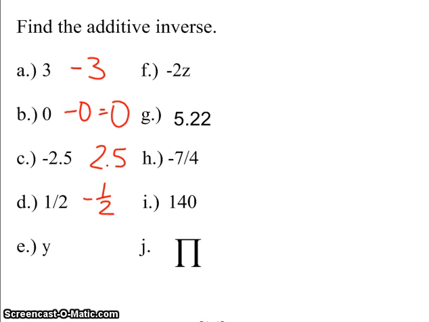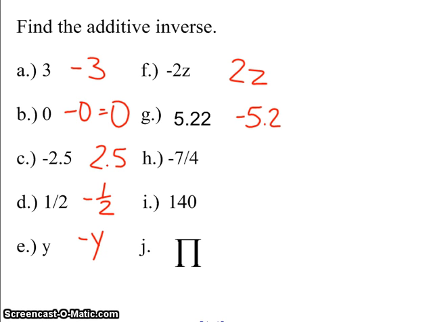Positive y, a lot of times people will call this a negative y. Later on, you're going to want to consider that more as the opposite of y instead of a negative y. But for now, if you like to call it negative y, that is not wrong. So hopefully you're seeing the pattern here. A negative 2z, that's going to be a positive 2z.